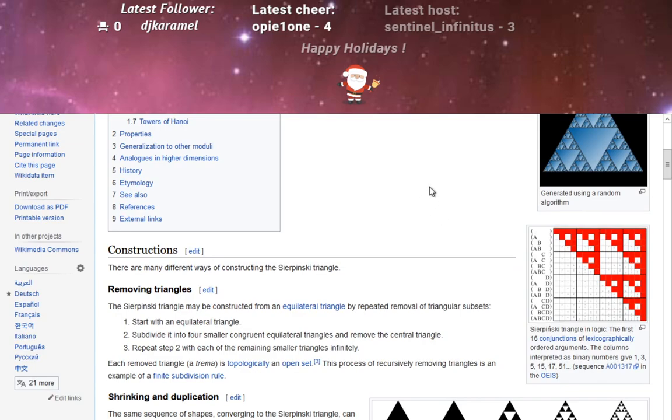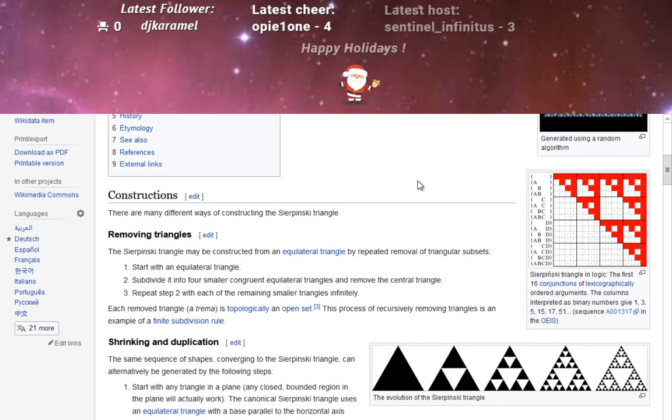There are many different ways of constructing a Sierpinski triangle. I happen to like the way that he constructed it using that rule set.